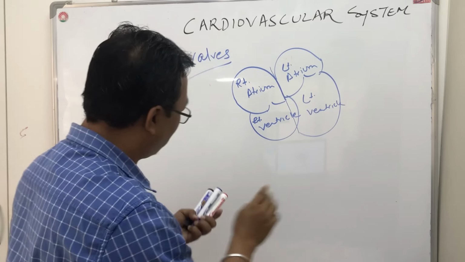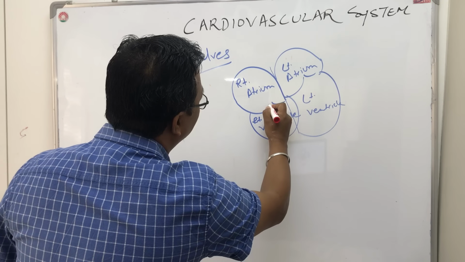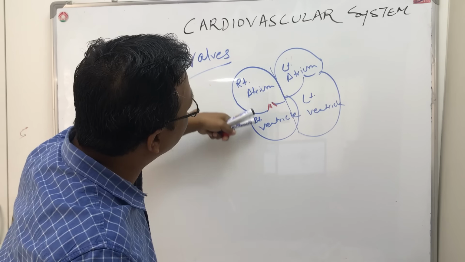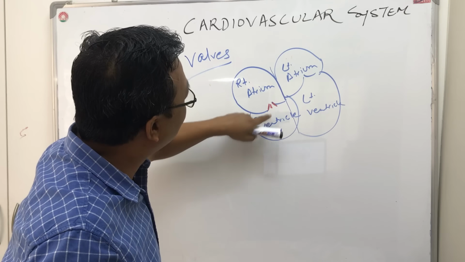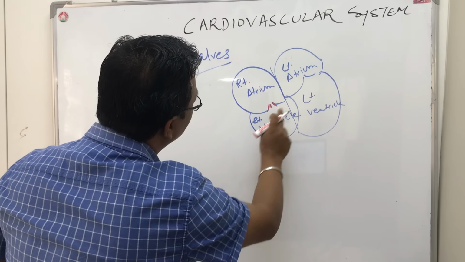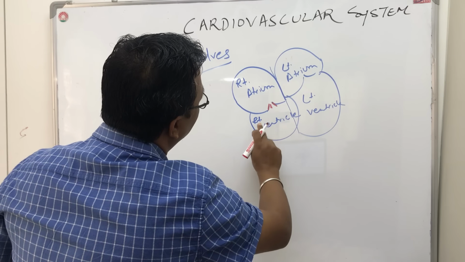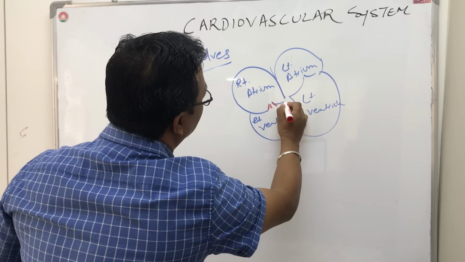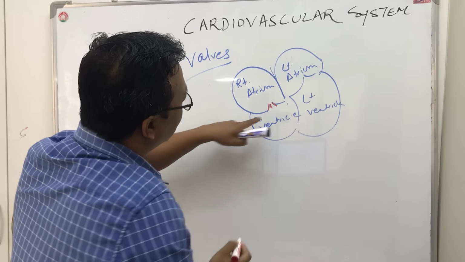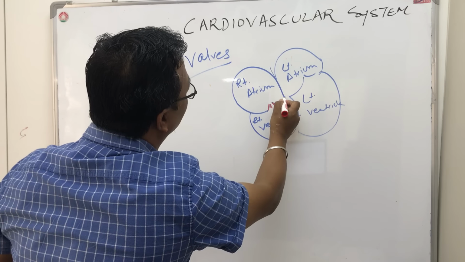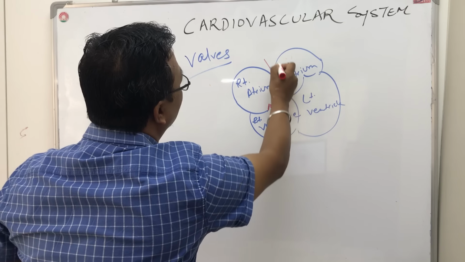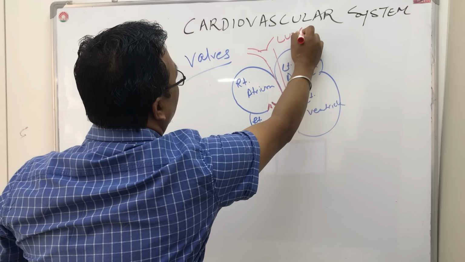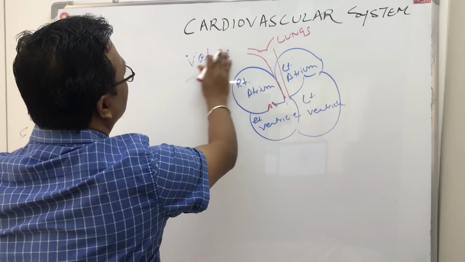There are 4 valves. One valve is here, between the right atrium and right ventricle. Another valve is here: from the right ventricle, the blood goes to the lungs, both the lungs.